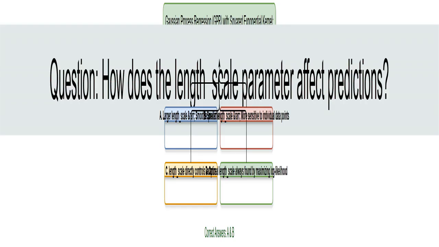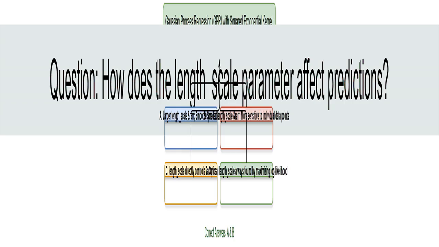I'll explain how the length_scale parameter in a Gaussian process regression model, using a squared exponential kernel, affects the predictions. It's a crucial parameter that governs the smoothness of the model's predictions. A larger length_scale means the model considers points farther apart as more similar, resulting in smoother predictions.